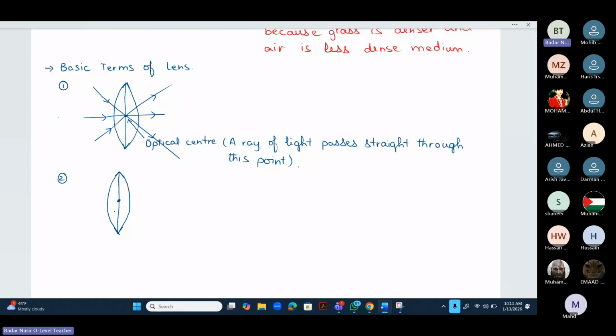The principal axis is basically a horizontal axis which passes through the optical center of the lens. So this horizontal line is your principal axis. It's basically a horizontal line that passes through the optical center of your lens.